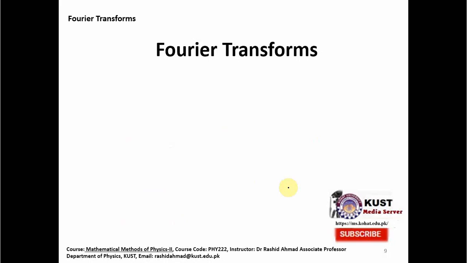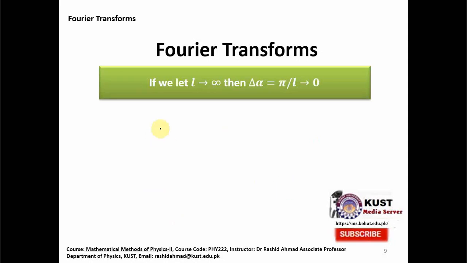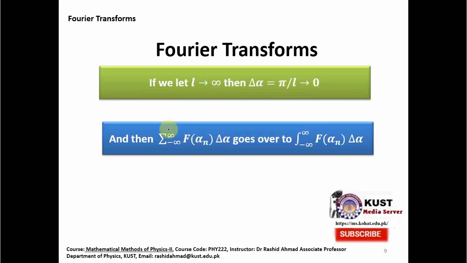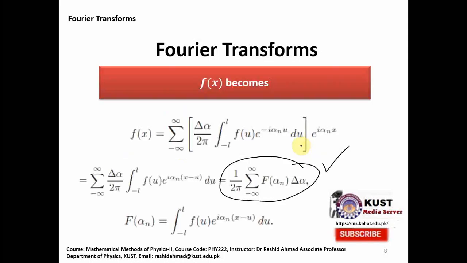Okay. So now if we let L go to infinity and delta alpha, or pi by L, goes to 0, then this summation will go to the integral, because in this formula everything is okay, but we have the summation.